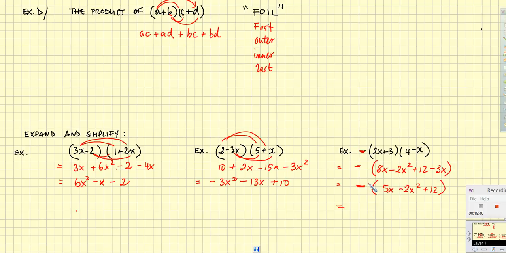Remember, it's as if I had a negative 1 in the front there, and everything is getting multiplied by negative 1. So this goes to negative 5x plus 2x squared minus 12. And then, of course, I'm going to put it in the correct order of 2x squared minus 5x minus 12.